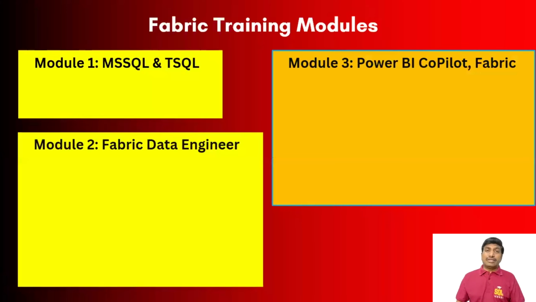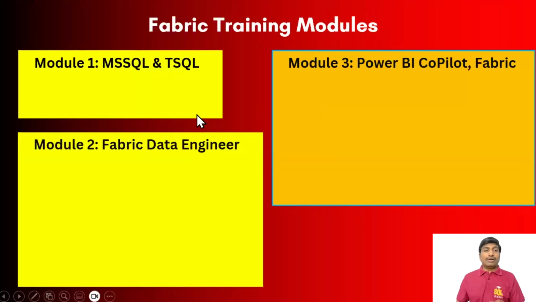In our Fabric engineering, there are a total of 3 different modules. Module 1, MS SQL and TSQL. Module 2, Fabric Data Engineer. Module 3, Fabric with Power BI Data Analytics and Copilot AI integrations.